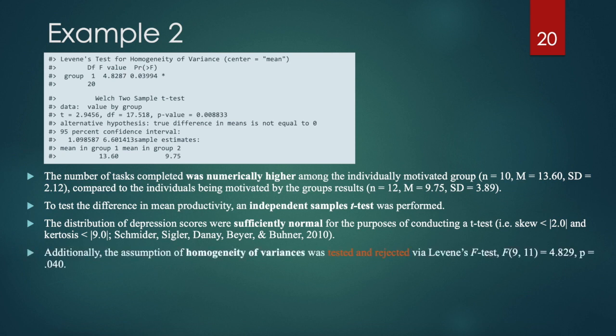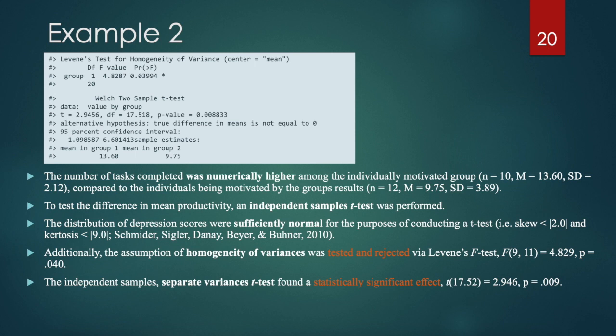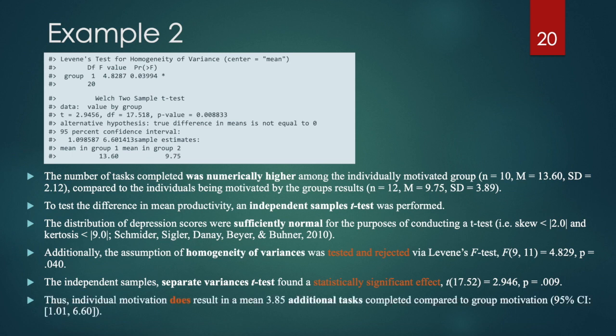Additionally, the assumption of homogeneity of variance was tested and rejected via the Levene's F-test. The independent samples separate variances t-test found a statistically significant effect. Thus, individual motivation does result in a mean of 3.85 more tasks completed compared to the group motivation.